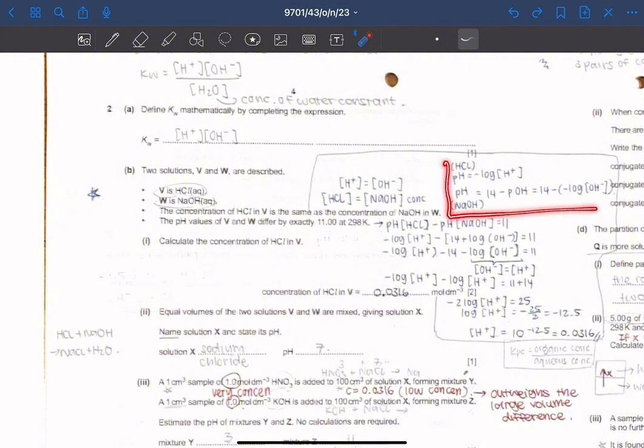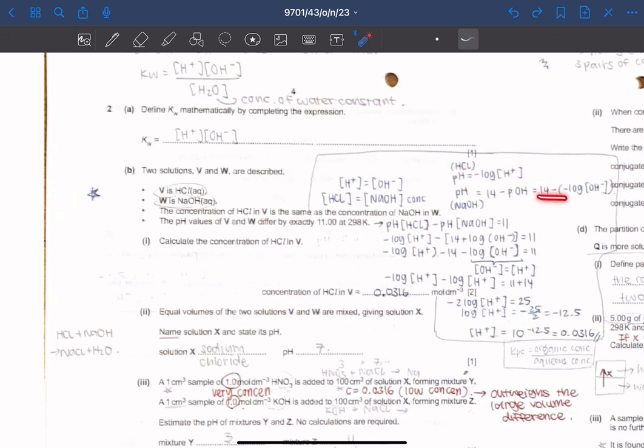And then we should form equations from that. To calculate the pH of HCl, negative log [H plus] is the formula for calculating the pH. For the pH of NaOH, it's a little bit trickier, which is 14 minus pOH, because the pH maximum is 14. And pOH is equal to negative log [OH minus].